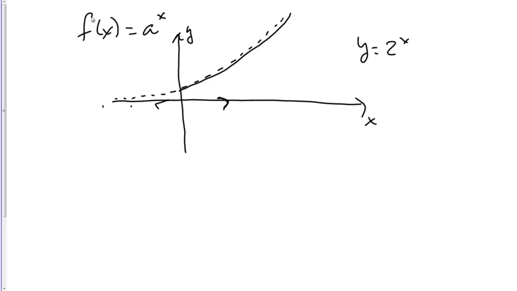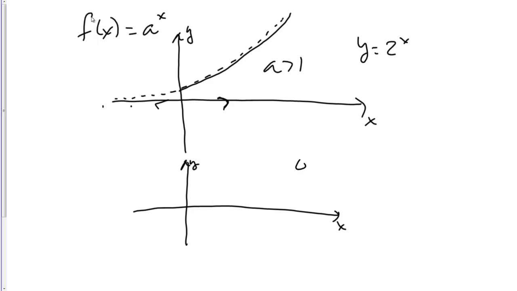It certainly blows up as x tends to positive infinity. If a is a positive number that's less than 1, the reverse happens, just for the size of the numbers here. So this would be for a bigger than 1, and this would be for a between 0 and 1. It would tend to look like this, you might recall.